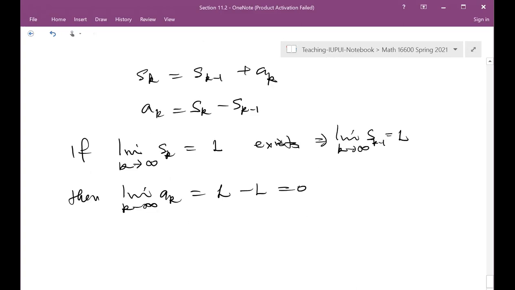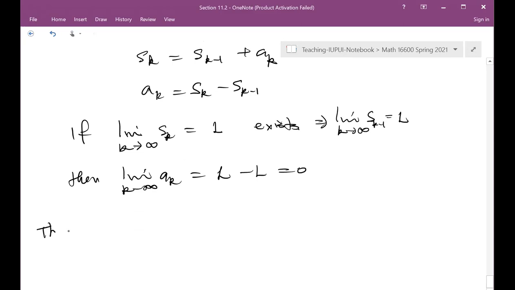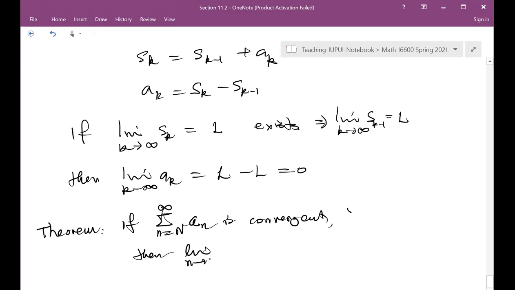This is a very important result. We can use that to check whether the series is divergent or convergent. If it's convergent, the limit is 0. So if the limit is not equal to 0, then it's divergent. Let me state that. If this is convergent, then the limit should be 0.